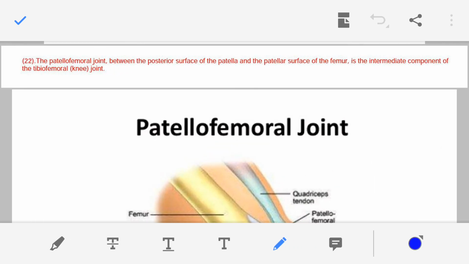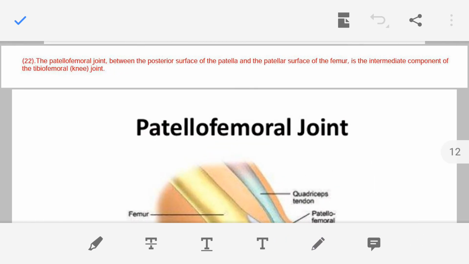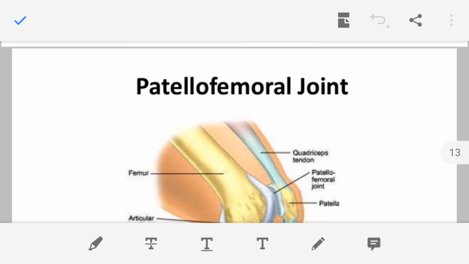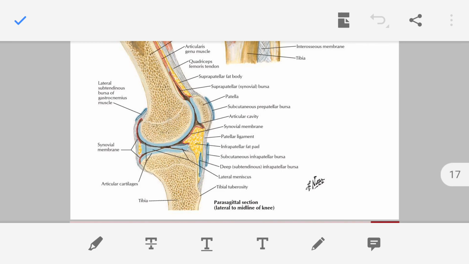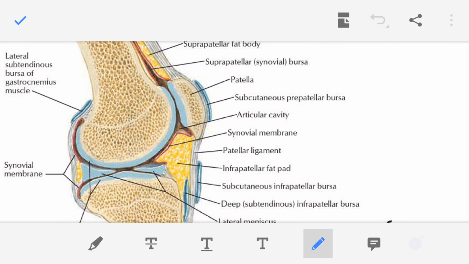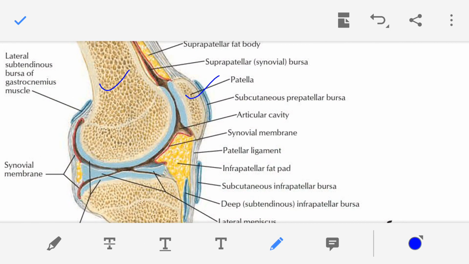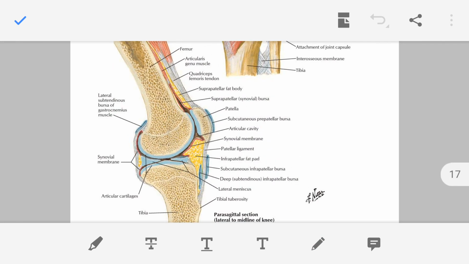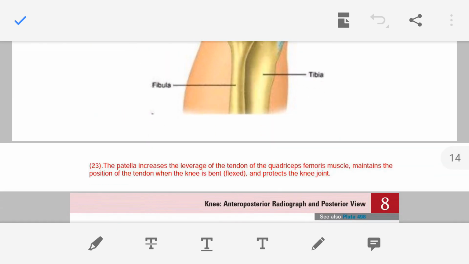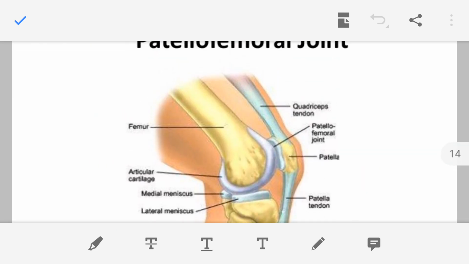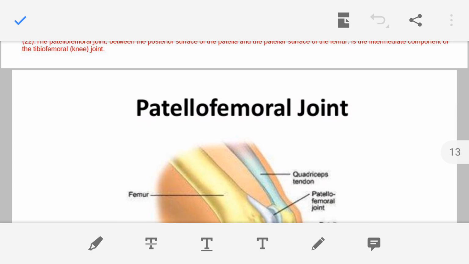That is the meaning of this point. And one more figure is there for this talofemoral joint. For example, tala and femur. So this joint between tala and femur is the talofemoral joint. So point number 22 was related to the talofemoral joint.